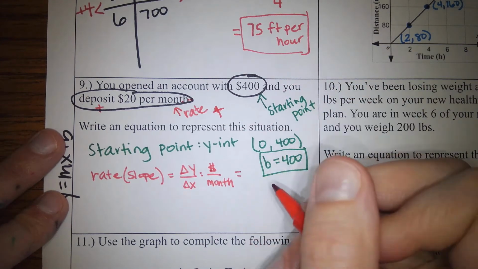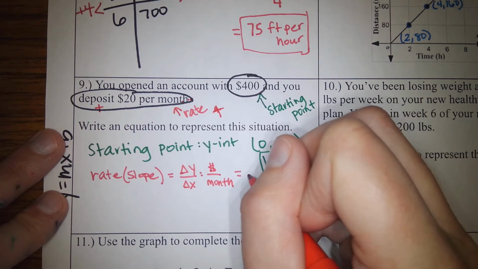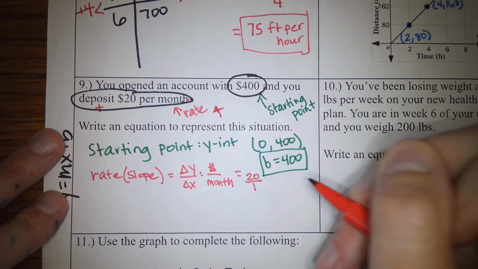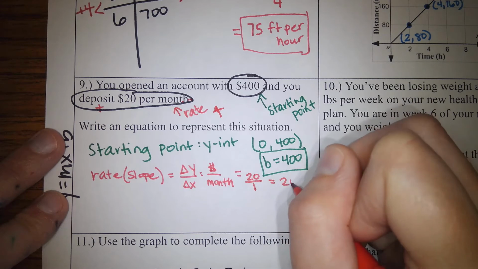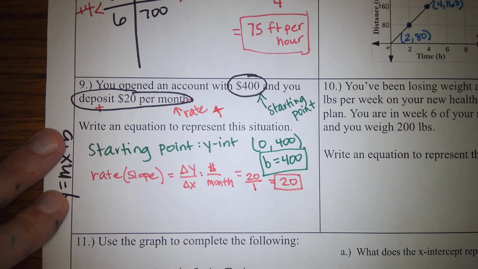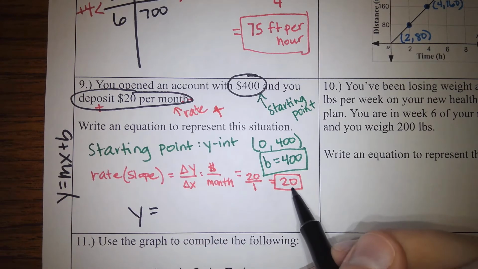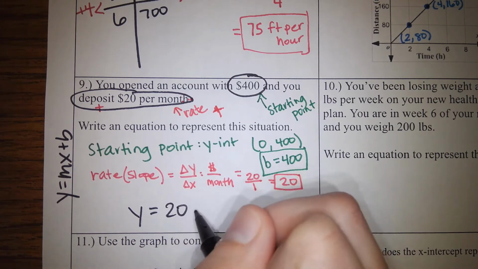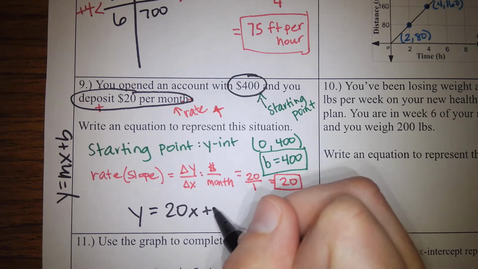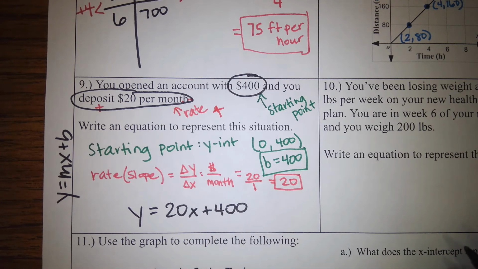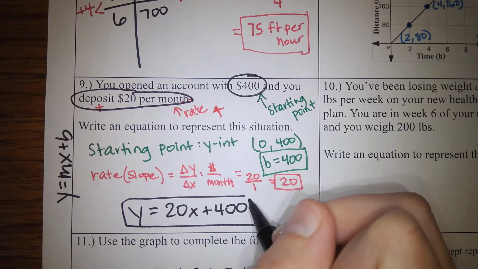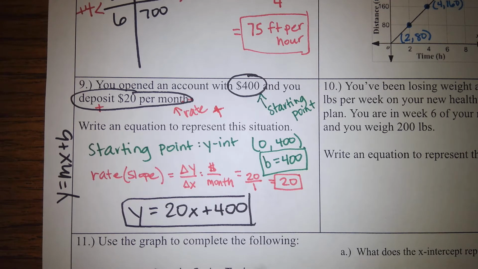So we would be right here at $20 per month. So our slope would be right there at the 20. So if we had to write our equation, Y equals M, which is 20x plus 400. All right, so we get this lovely guy right here would be your answer.